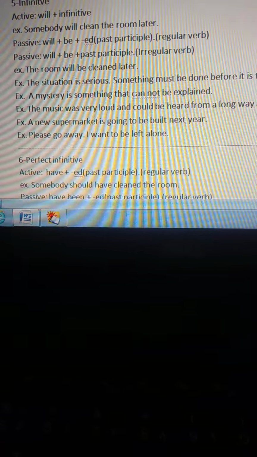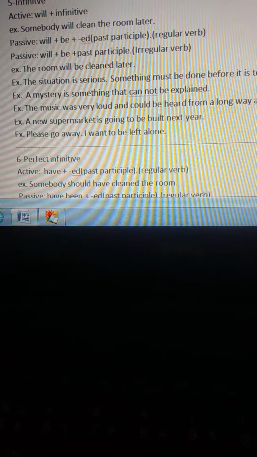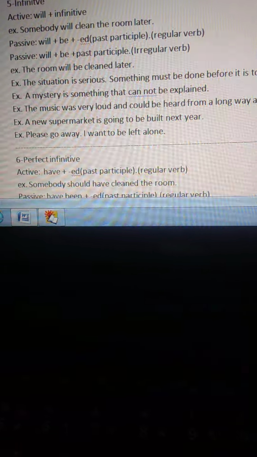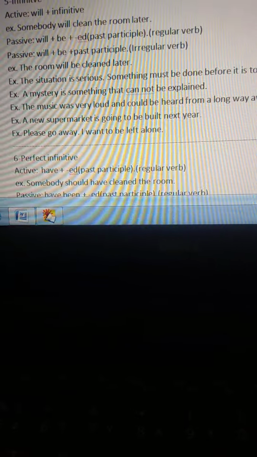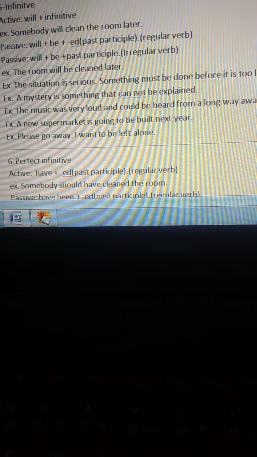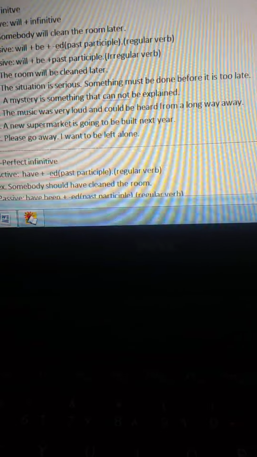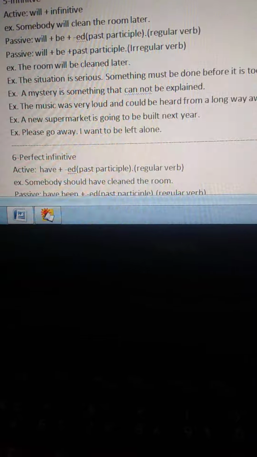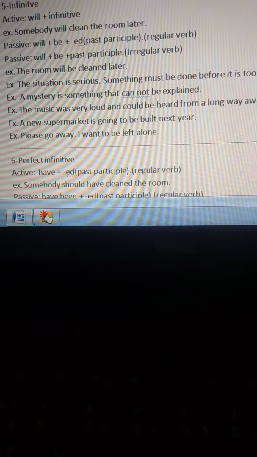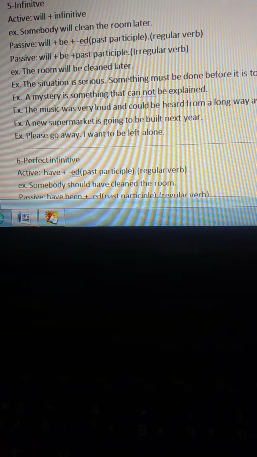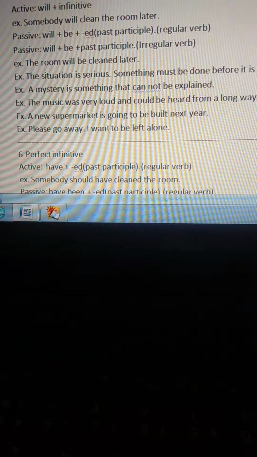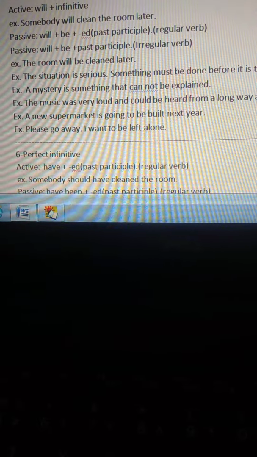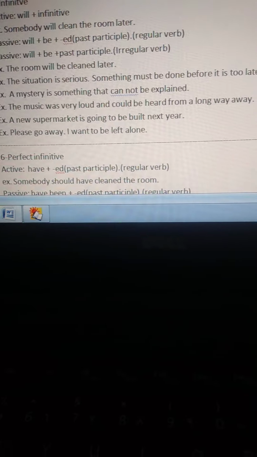Example: the room will be cleaned later. Second sentence: the situation is serious. Something must be done before it is too late. Third sentence: a mystery is something that can't be explained. Fourth sentence: the music was very loud and could be heard from a long way away.